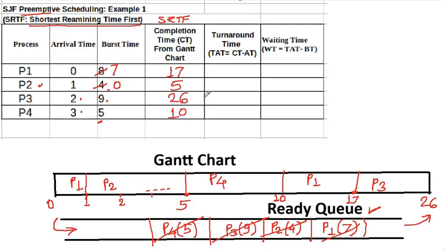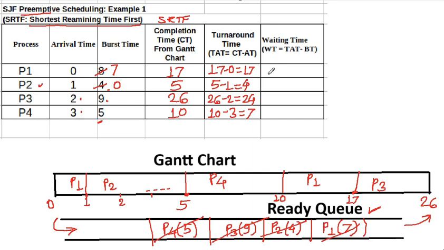Then find out the turnaround time. For P1 the turnaround time is 17 minus arrival time 0, so it is 17. For P2 it is 5 minus 1, which is 4. For P3 it is 26 minus arrival time 2, that is 24. And for P4 it is 10 minus arrival time 3, which is 7.